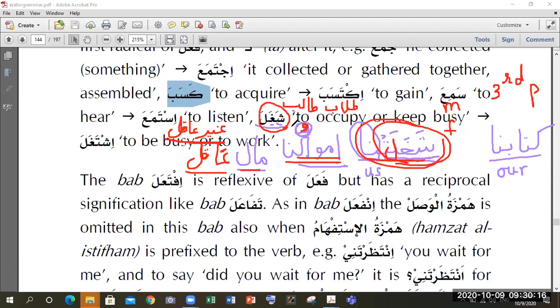Shagala tullabuna. Our students kept us busy. Shagalana tullabuna. I will use the object also. Our students kept us busy.